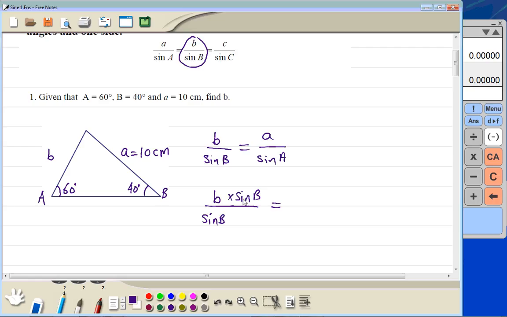Because we multiply the left hand side by sine of angle B, we have to do the same thing on the right hand side.